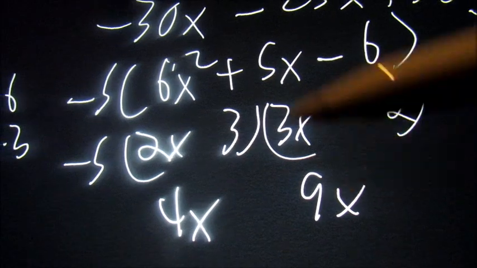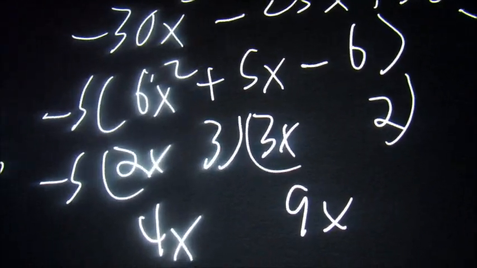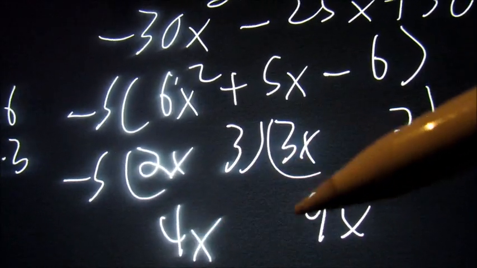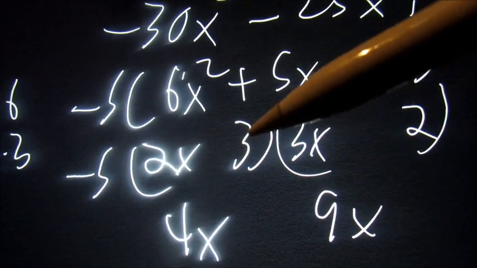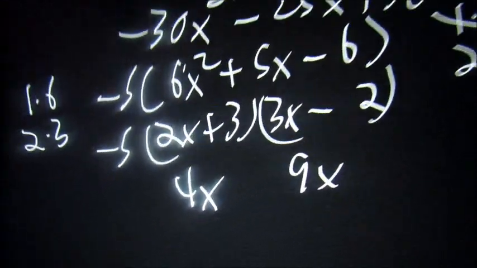If we subtract 9x minus 4x, we will get 5x. So now, the way we say which sign we use is whichever one of these multiplications is bigger. Since the 9x is bigger, that means this 3 is the plus, and this one is the minus.